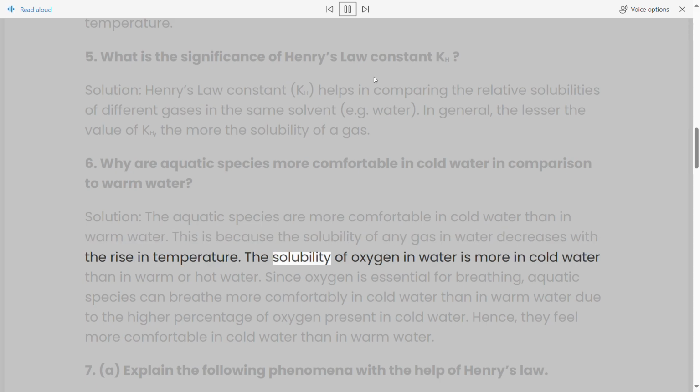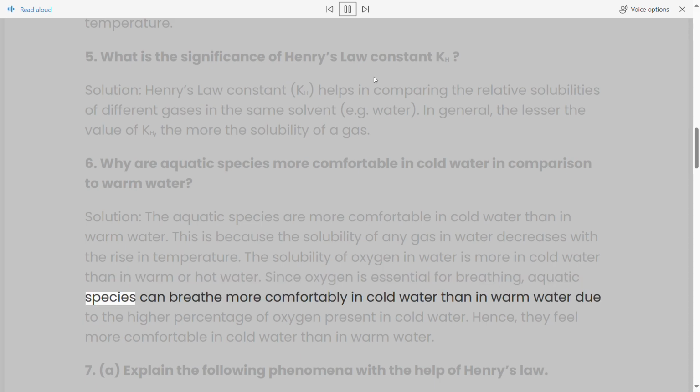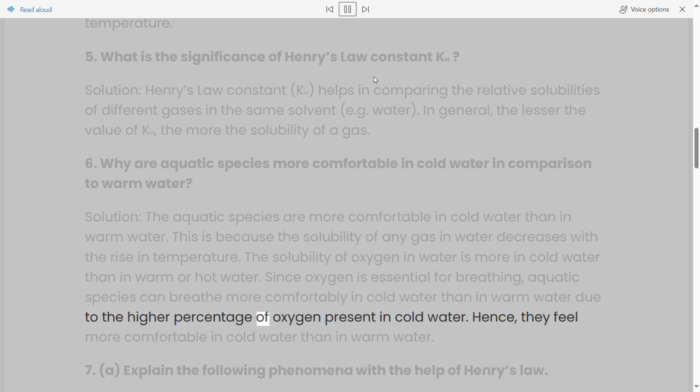The solubility of oxygen in water is more in cold water than in warm or hot water. Since oxygen is essential for breathing, aquatic species can breathe more comfortably in cold water due to the higher percentage of oxygen present in cold water. Hence, they feel more comfortable in cold water than in warm water.